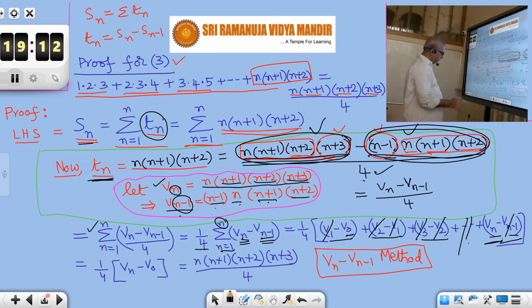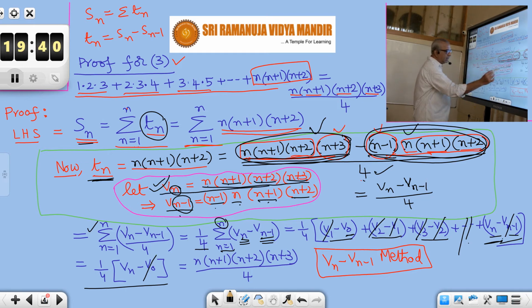So Vn minus V0 will remain. I have written 1 by 4 into Vn minus V0. But what is V0? This is Vn; V0 means in place of n we have to put 0. 0 into 0 plus 1 into 0 plus 2 into 0 plus 3 is clearly 0. Therefore, V0 is 0, we can remove it. So 1 by 4 into Vn, that is n into n plus 1 into n plus 2 into n plus 3 by 4.